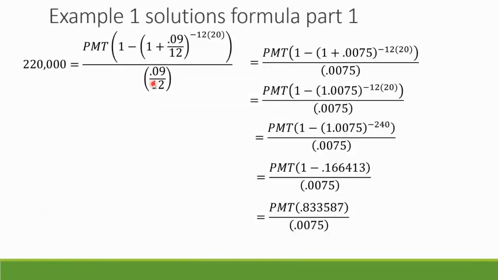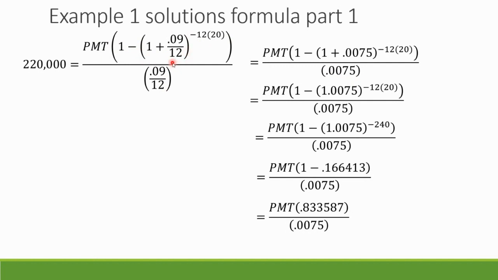So we want to figure out the numerator and denominator separately. We have 0.09 over 12, which by direct calculation is 0.0075. For the numerator, by order of operations, we work with the innermost parentheses first.